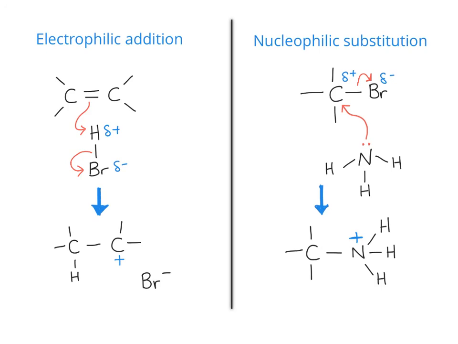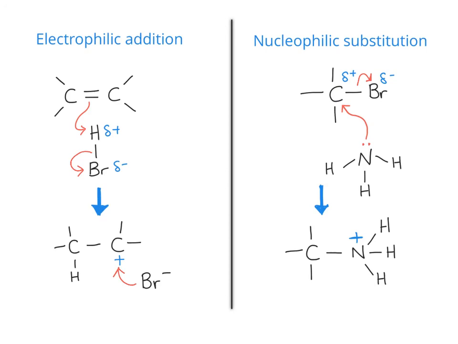The difference is in how we resolve this positive charge and get our neutral, no charge overall final product. In the electrophilic addition mechanism, we add. That makes sense because we're doing addition, so the negative ion adds to the positive charge. Because that carbon is positive and it doesn't have enough bonds around it, it's only got 3.